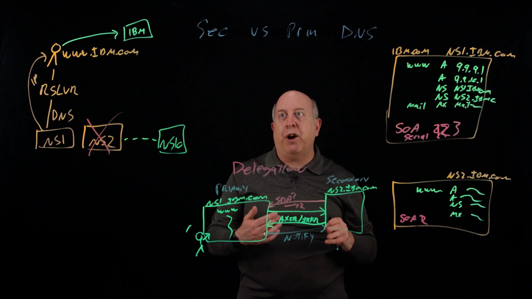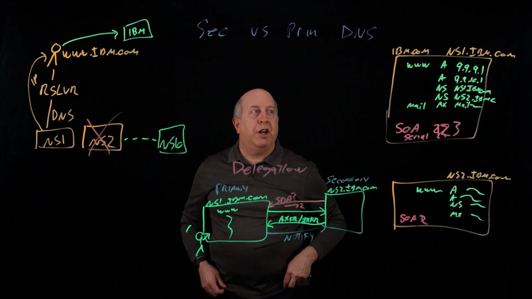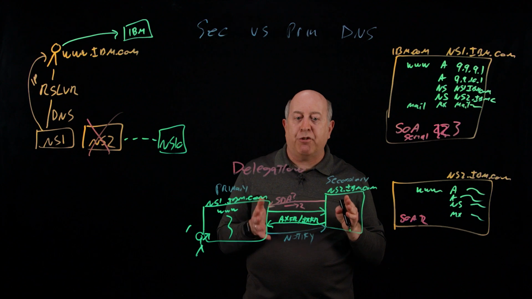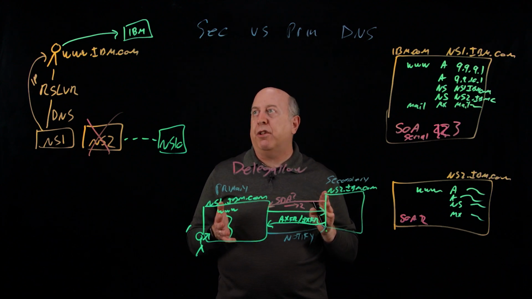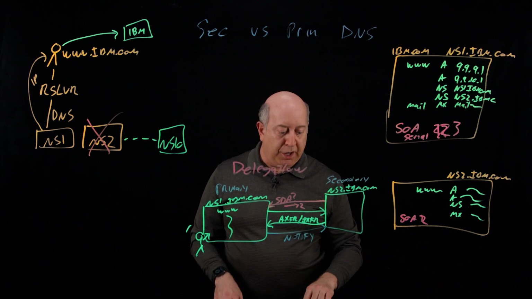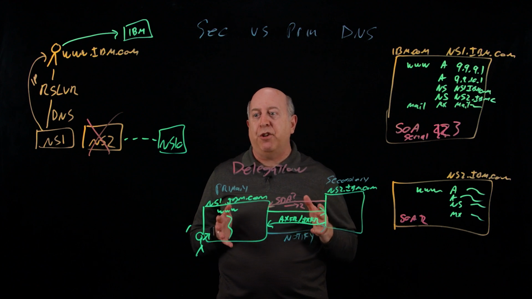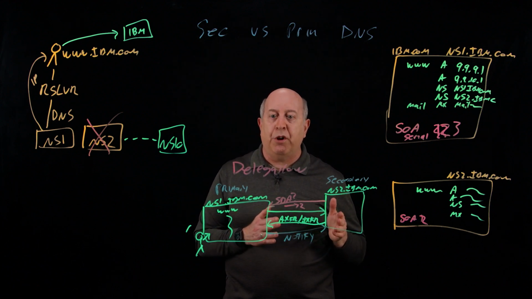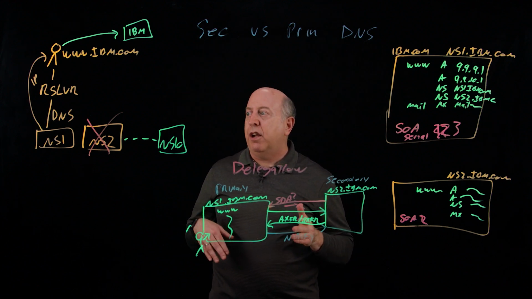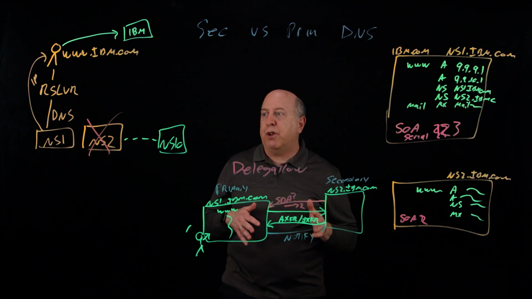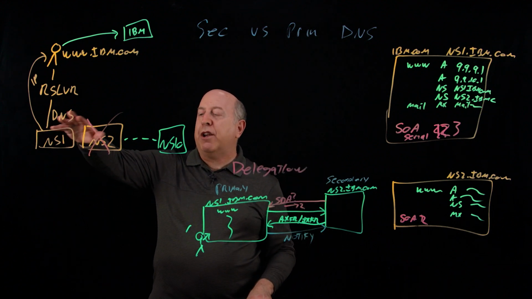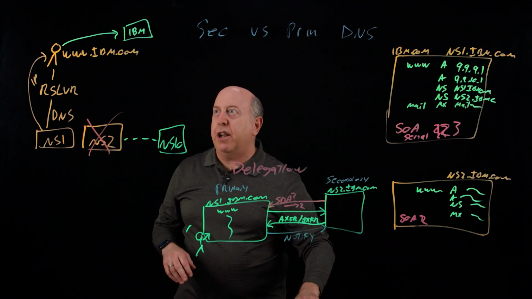But there are some drawbacks to primary versus secondary. The biggest drawback is that advanced features are not supported. And probably the biggest advanced feature you'll run into is global server load balancing or traffic steering. As you may recall, global server load balancing is where you can direct users to the server located closest to them.